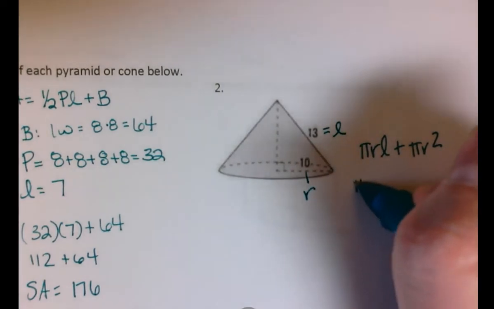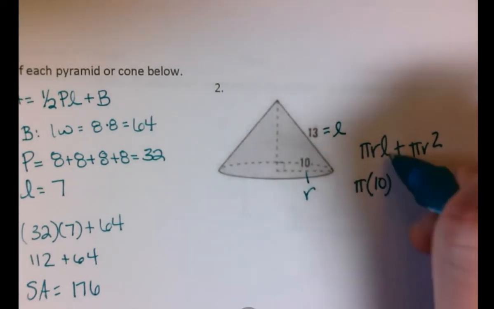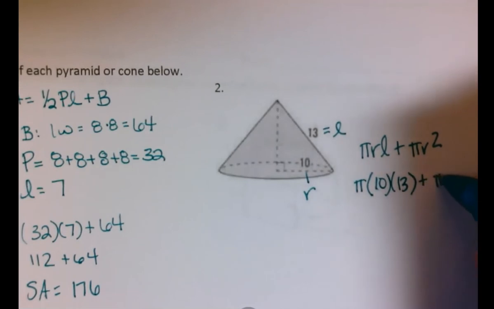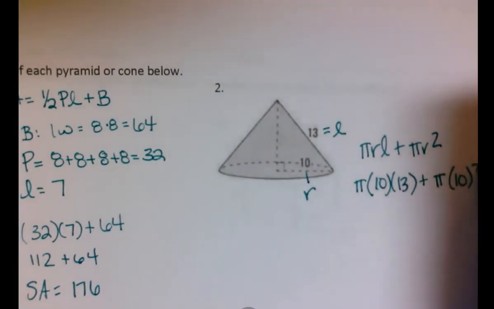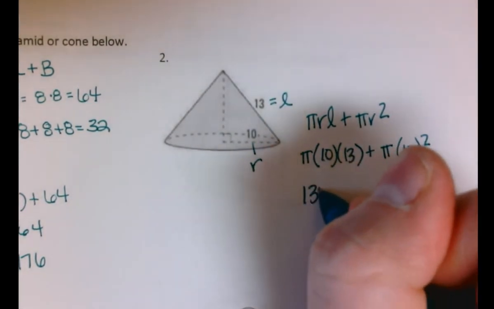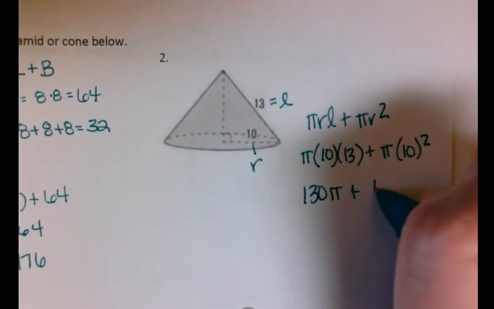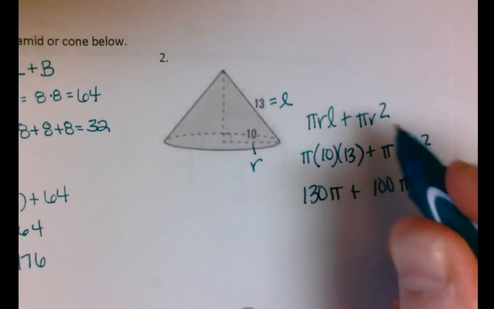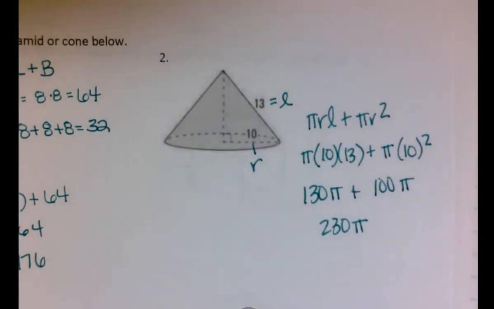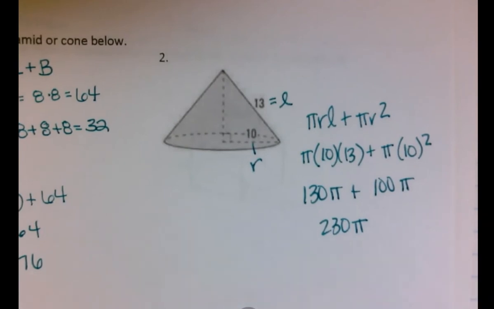Pi times 10 times my slant height of 13 plus pi times 10 squared. So this gives me 130 pi plus 100 pi. 230 pi is my total. If you want to approximate that, you can, but I would just leave it as exact.